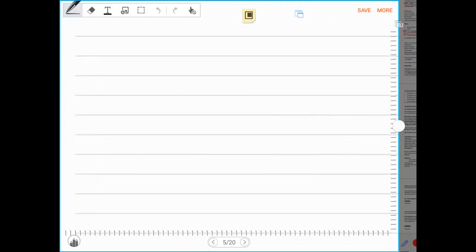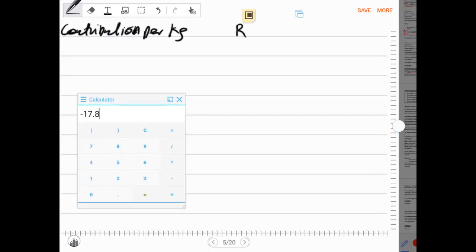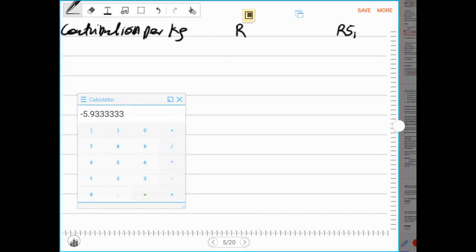So now it will give us the contribution per kg. Remember, the first product is hand washing powder and the second one is auto washing powder. Then we divide by 3 here and we get 5 rand 93 cents.